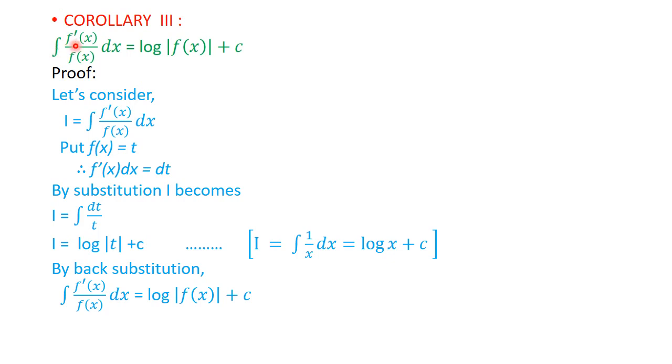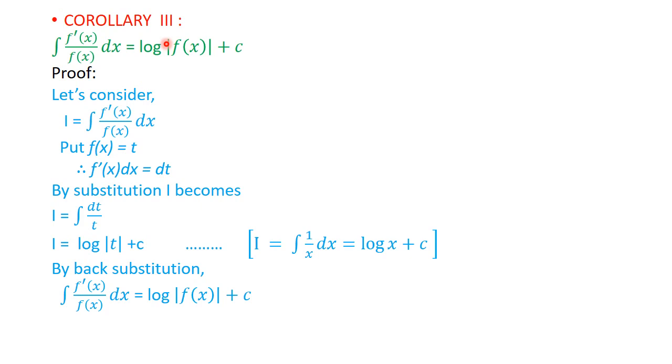So what is that? Integration of f dash of x by fx dx is equal to log of mod of fx plus c. There is no need to put the modulus sign, because in your new syllabus the modulus sign is not given anywhere.